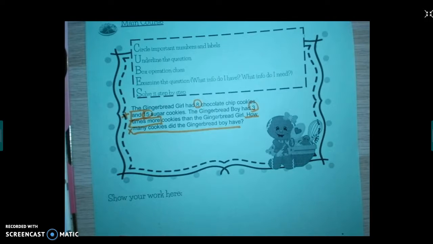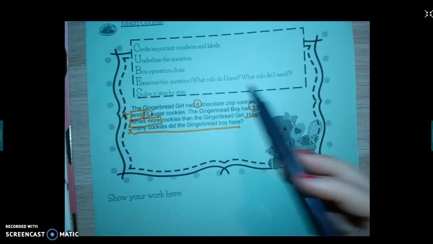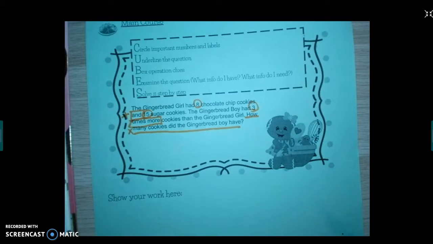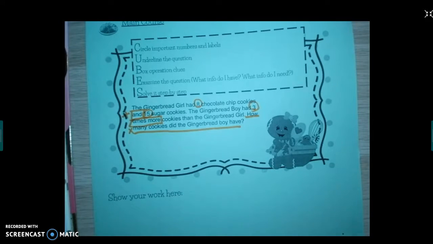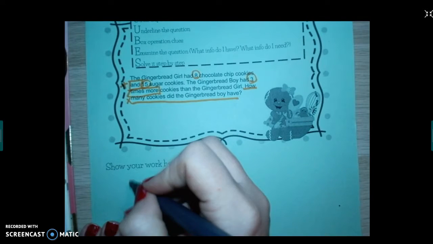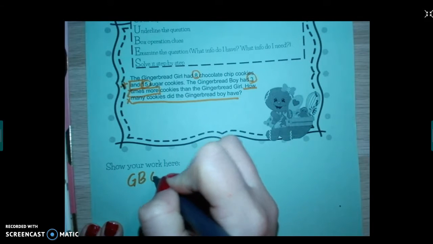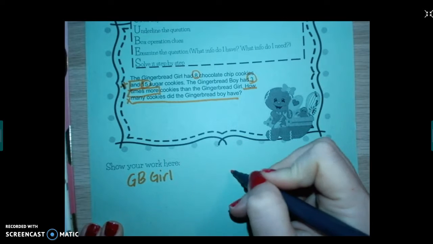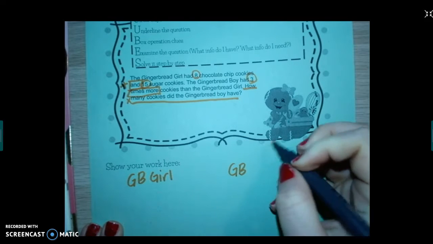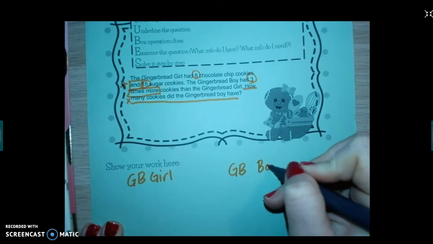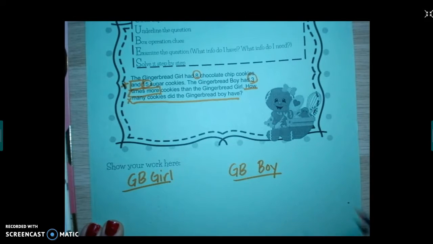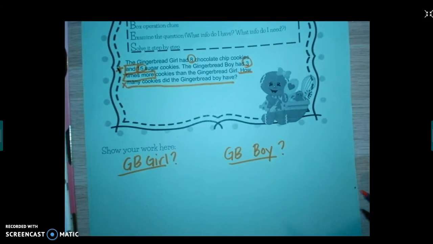Okay. Then we're going to think, what info do I have and what info do I need? Well, I need to know how many cookies the gingerbread girl had. So we're going to write, we need to find, I'm putting GB for, okay, how many did the gingerbread girl have and how many did the gingerbread boy have?